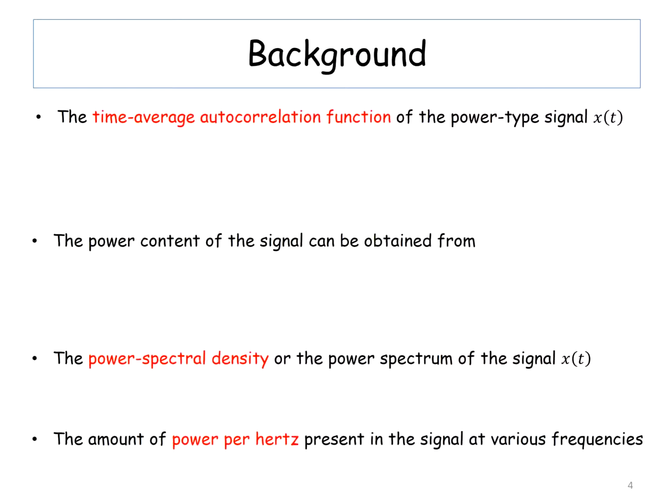The time average autocorrelation function of the power type signal x(t) is here. It is clear to see that if the parameter tau is set to be 0, then the autocorrelation function reduces to the power content of the signal.